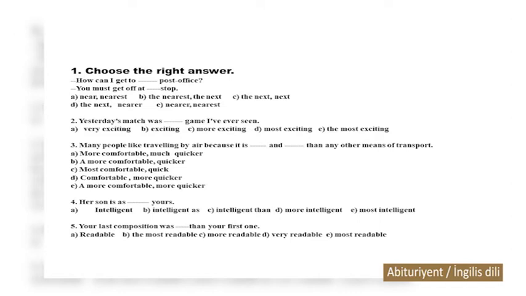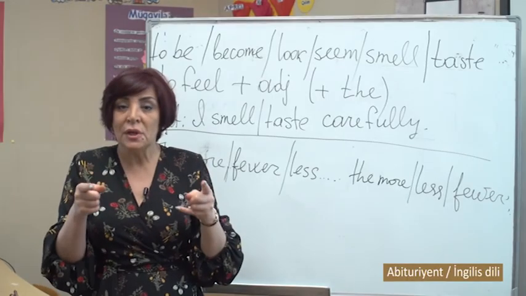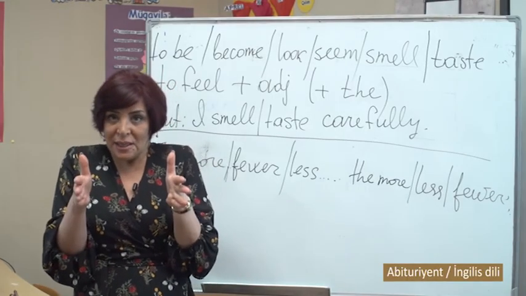Number 3: many people like traveling by air because it is blank and blank. If you see two gaps and and between them, it means that both gaps are for adjectives, and it means that both adjectives have to be used in the same degree.